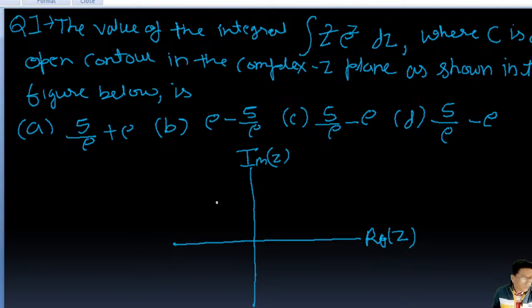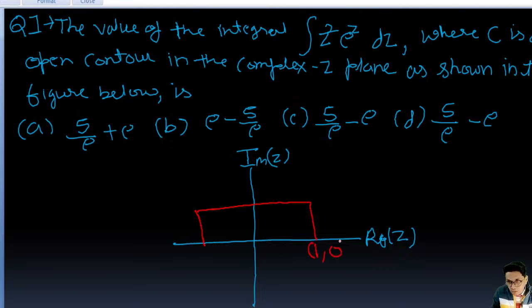I'll use a different color for it. And this is the contour which is given. The coordinates are 1 comma 0, and this is -1. So I'm going to solve it.